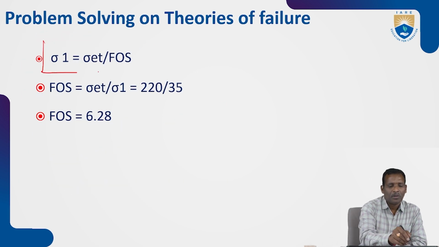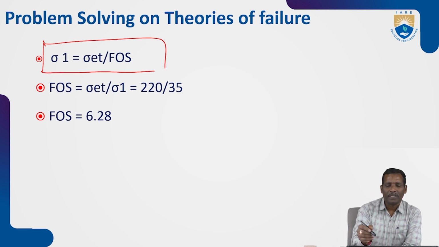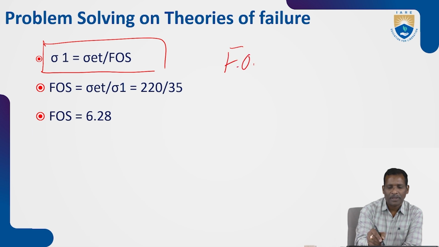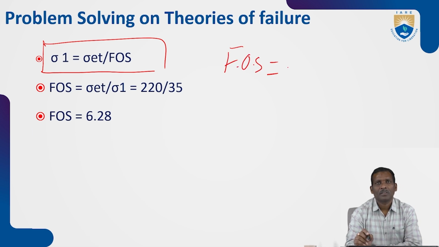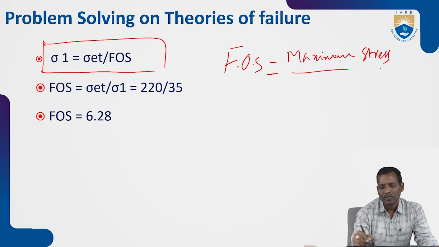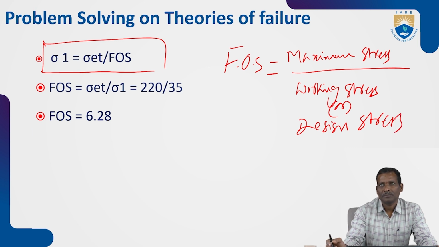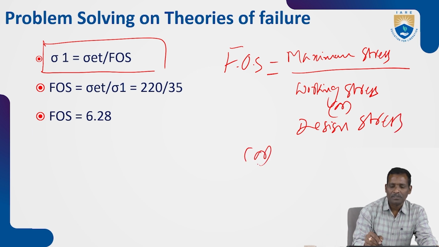So now how do we calculate the working stress? As per the factor of safety definition, factor of safety is equal to the maximum stress, the ultimate stress, upon working stress, or design stress, or allowable stress.